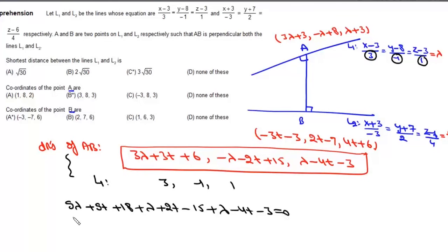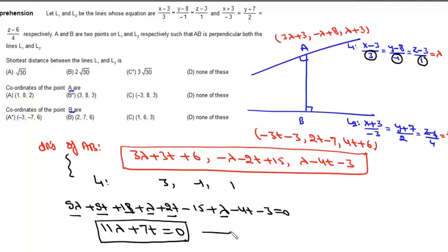So we'll get 9 plus 1 plus 1, 11 lambda. Now this is 9t plus 2t, 11t. 11t minus 4t is plus 7t. And here it will be 18 minus 18, so it will be 0. So we get our first condition that 11 lambda plus 7t must be 0, and that's our first equation.